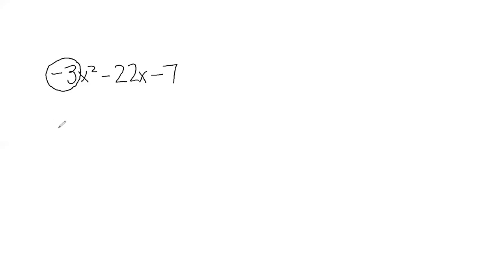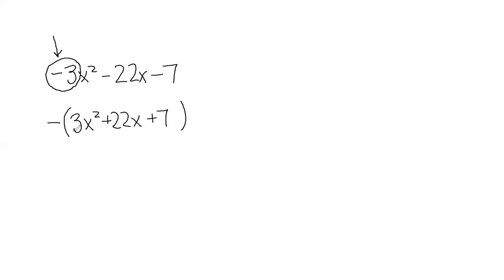The very first thing I'm going to do here is get rid of that negative by dividing it out. So if I divide everything here by a negative, we end up with a positive 3x squared, a positive 22x, and a positive 7.